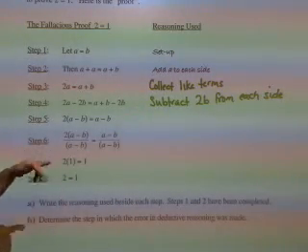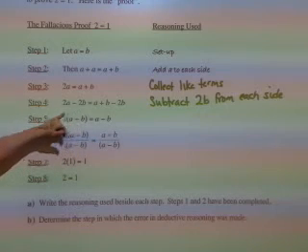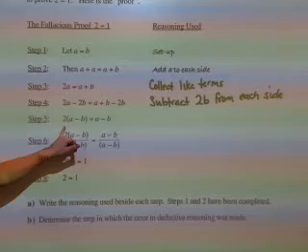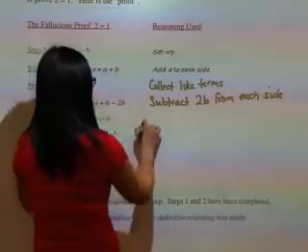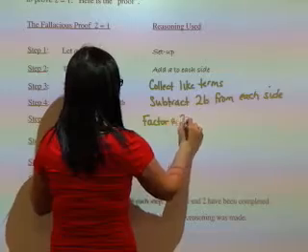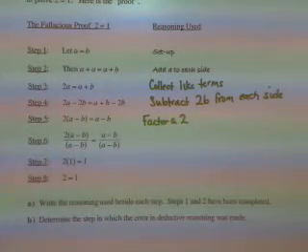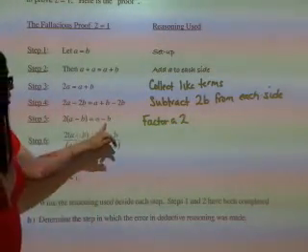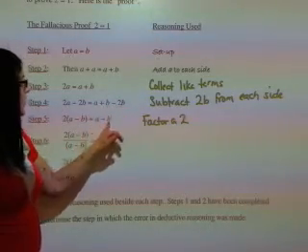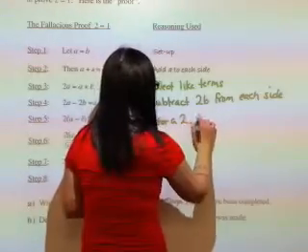In the next step, I factored out a 2 on the left side, and on the right side, I collected the like terms. B minus 2B would be negative B.